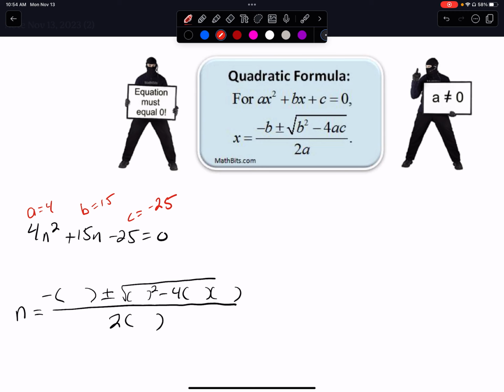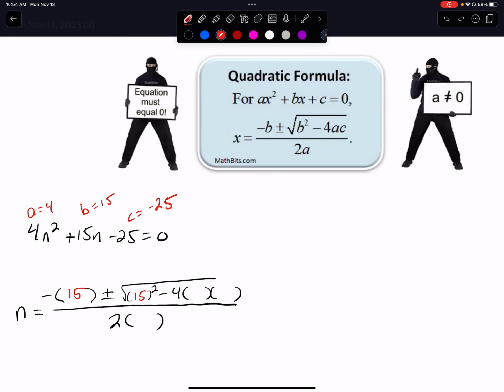I've got the negative b, the first thing I'm going to substitute in. So the opposite of b is negative 15, plus or minus the square root of b squared, so 15 squared, minus 4 times a times c. This is called the discriminant. It's underneath the radical.